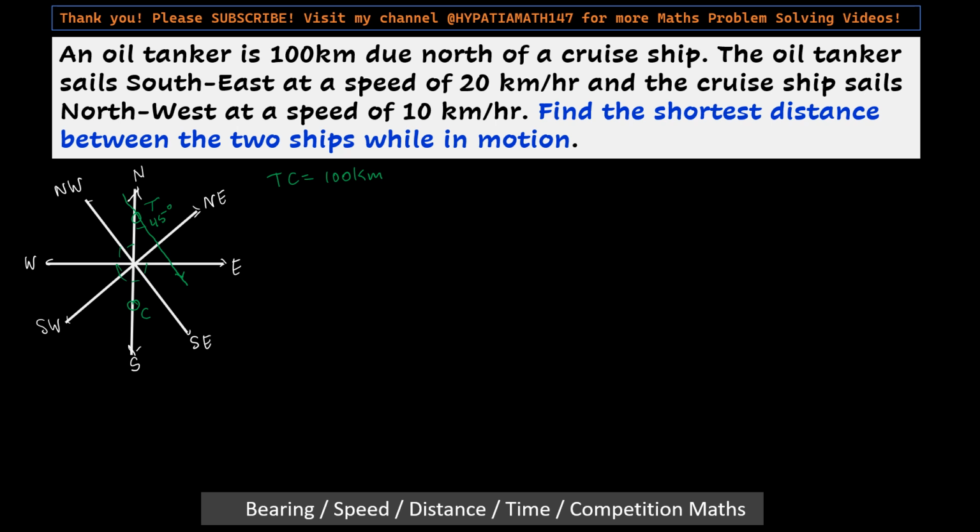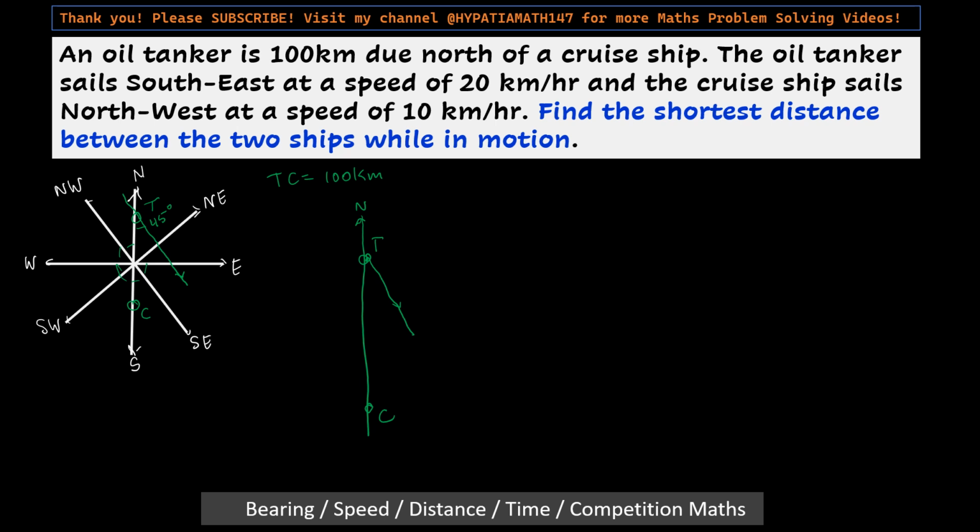So if I could draw another diagram, I will just draw the north and ignore the other lines, and this is the T point, and this point is C, the cruise ship, and this is the direction of motion of the tanker.